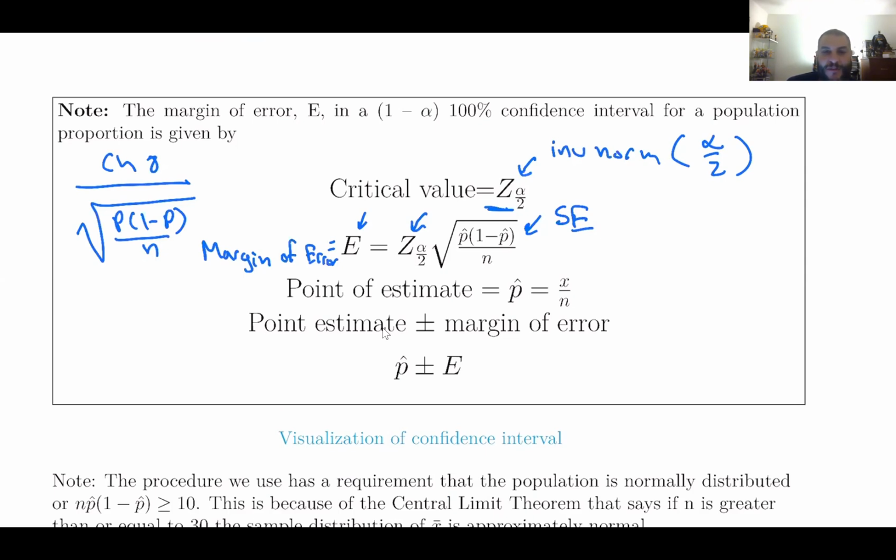So we substitute P with P hat, the estimate for it.